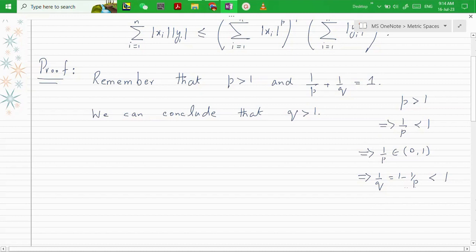Since 1 by q is less than 1, this implies q is greater than 1. So by these two conditions, we can easily conclude that q is greater than 1.